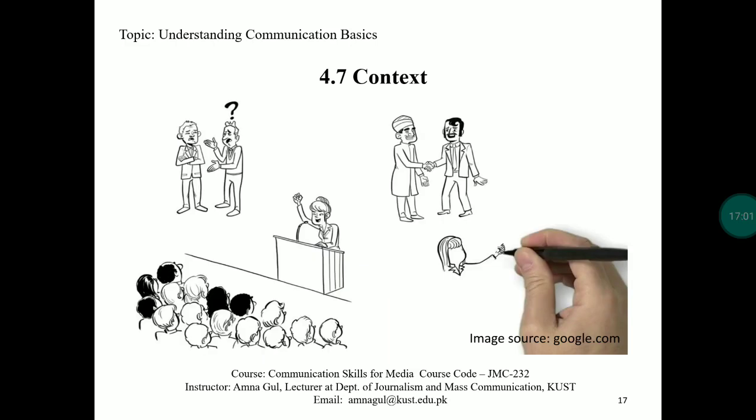Then, context. The last element of the communication process is the context in which the speech or interaction takes place. In the 1980s, context was taught as the actual physical setting where communication occurred, such as a place of worship, a hostel, a workplace, a noisy restaurant, or a grocery store, whatever.